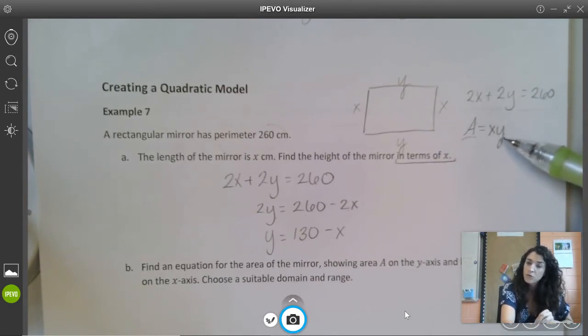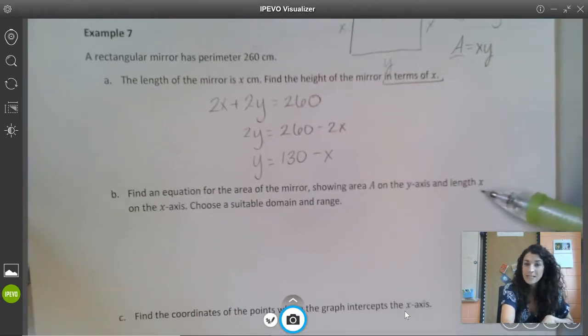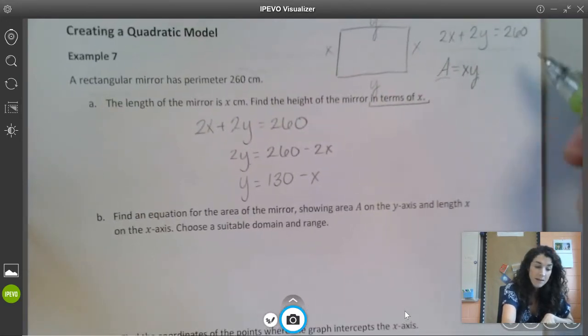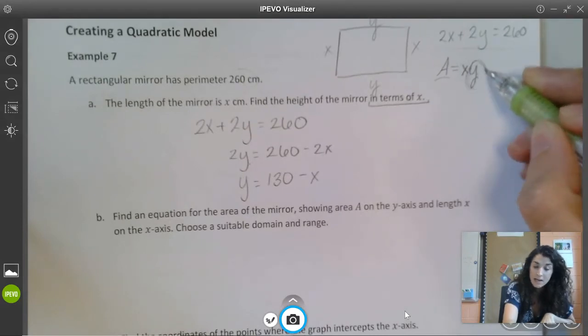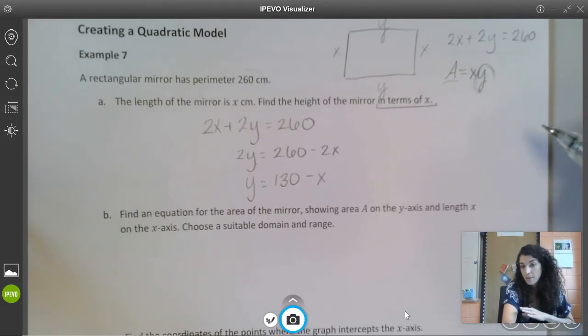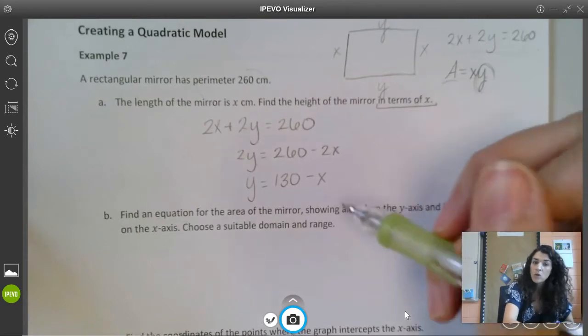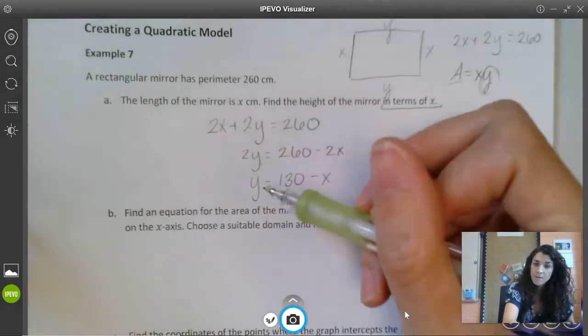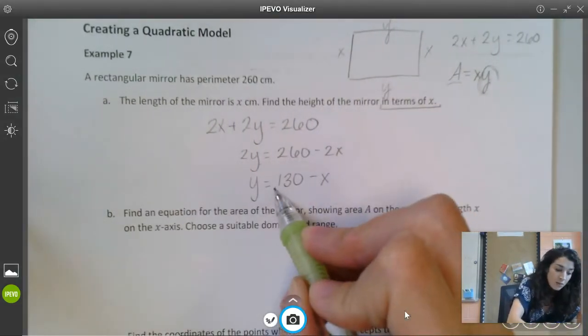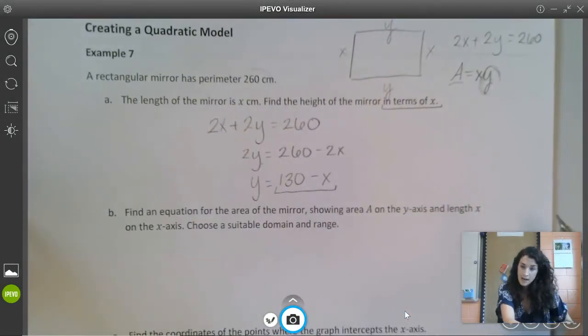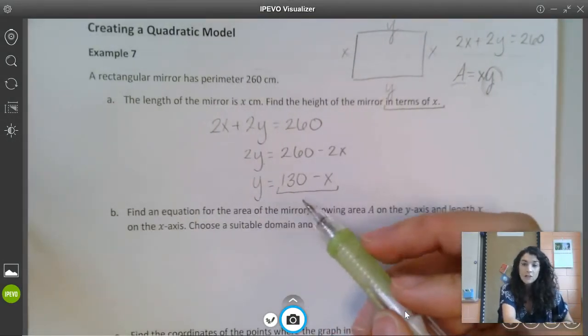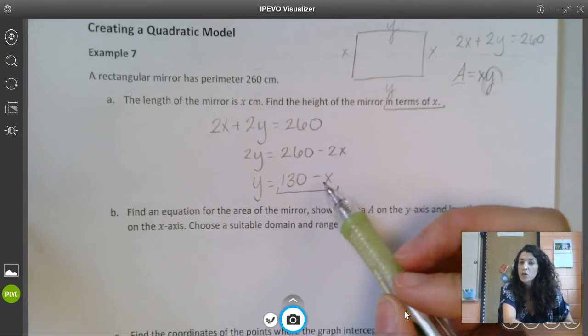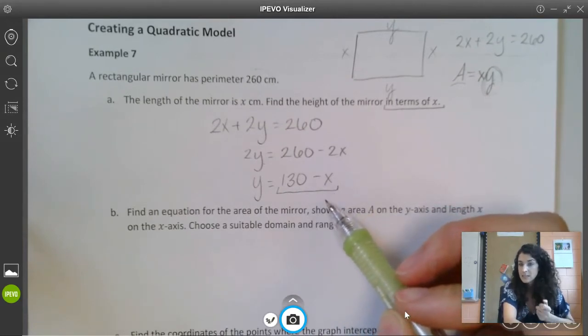How you move from too many inputs to only one input, we only want x to be our input. That means we don't want y anymore. We want it to go away. Well, notice we just wrote a relationship that involved y that could be written involving x. Y is interchangeable with 130 minus x. They're the same thing.